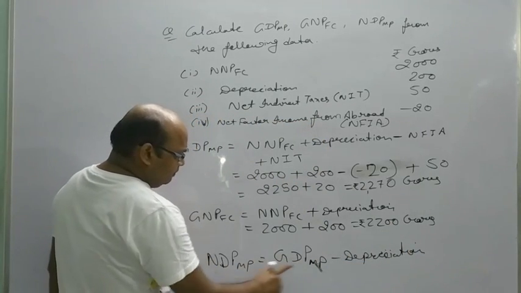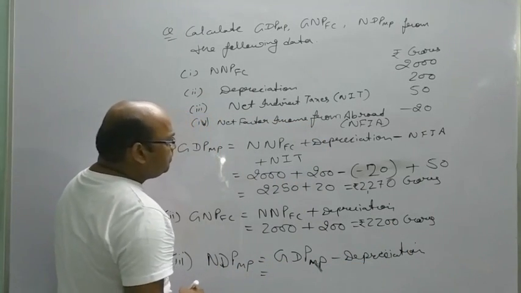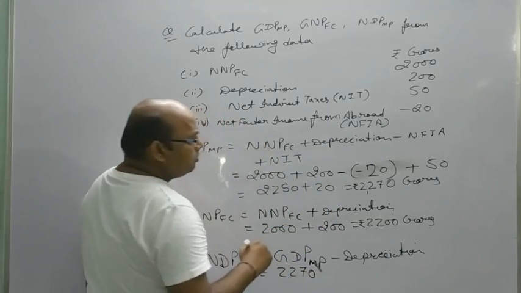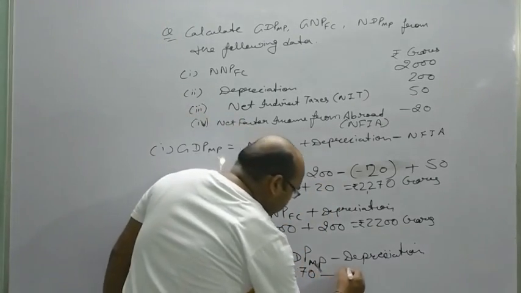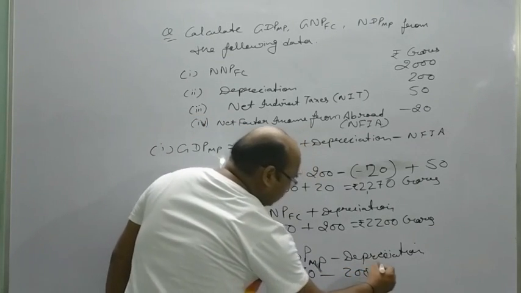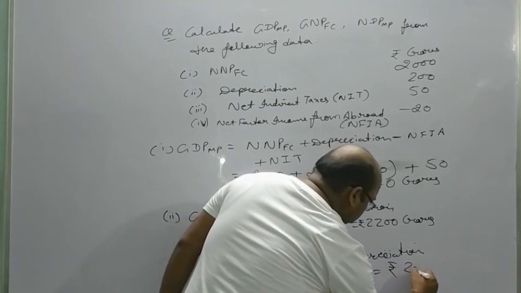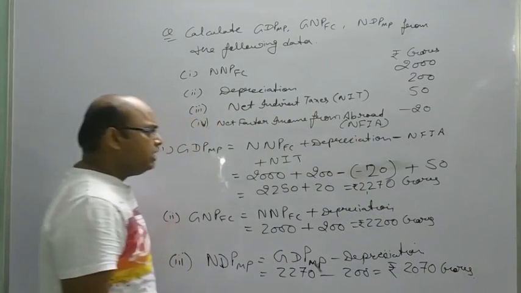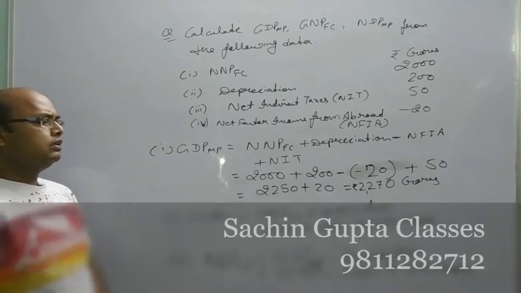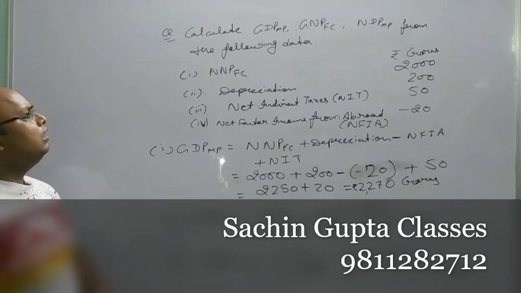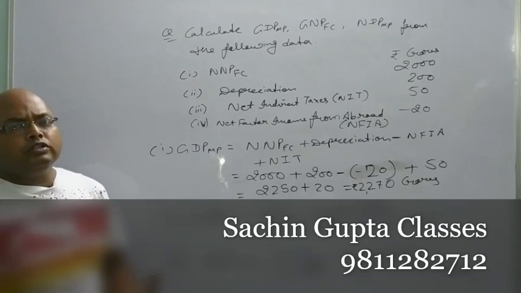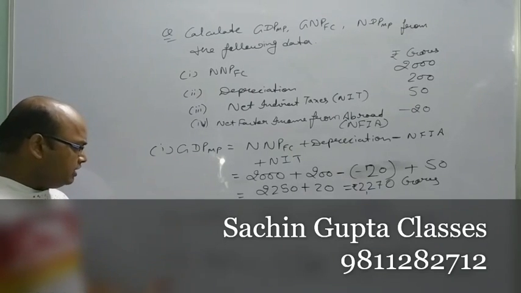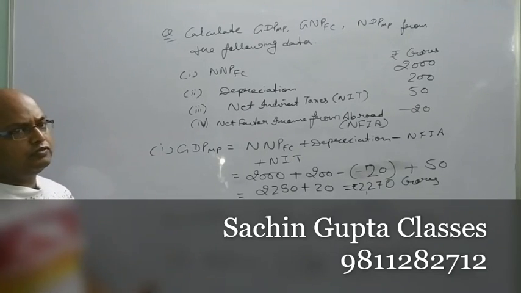Domestic same, market price same. So GDPMP is 2270 minus depreciation 200, so the answer is 2070 crores. This is a complete basic question to calculate GDPMP, GNPFC, NDPMP, and we have numbers of such questions.